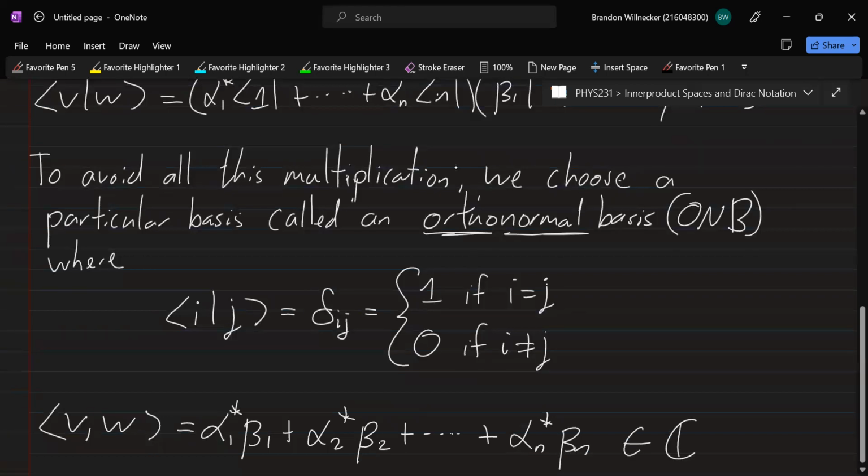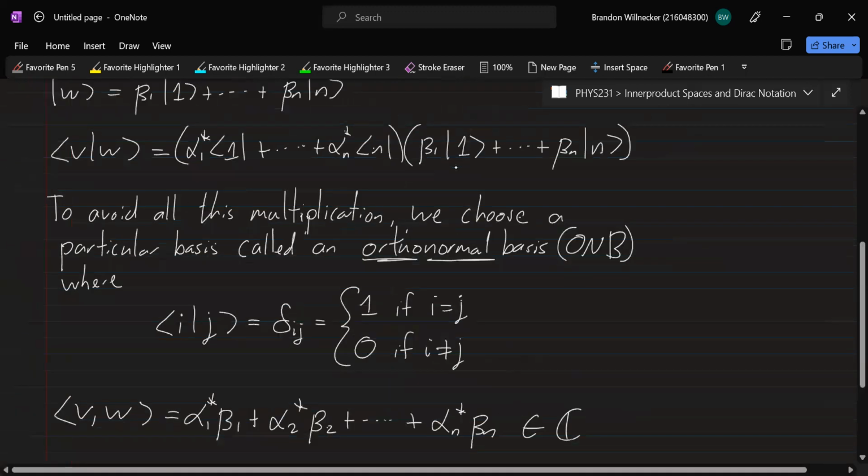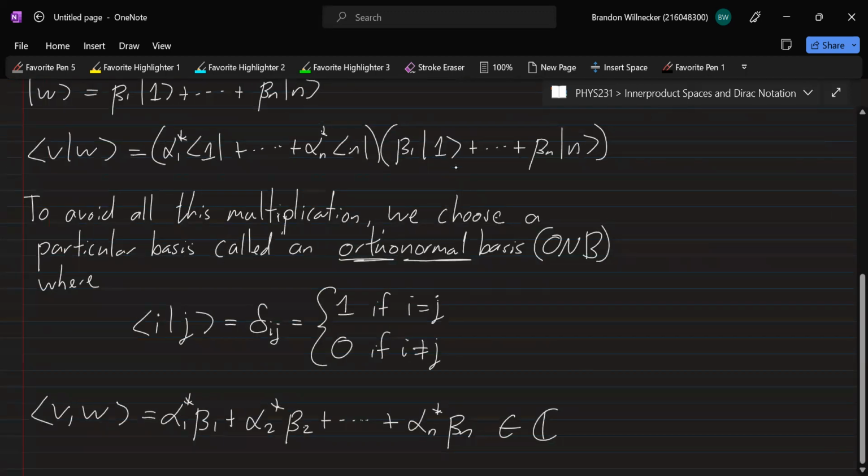And again, this is a complex number. So you see that choosing an orthonormal basis makes the calculation of the inner product quite easy to do. Okay, if we didn't have an orthonormal basis, then we would have a lot of extra terms to deal with. Okay, but for more on that, please look at the homework problems on inner product spaces.